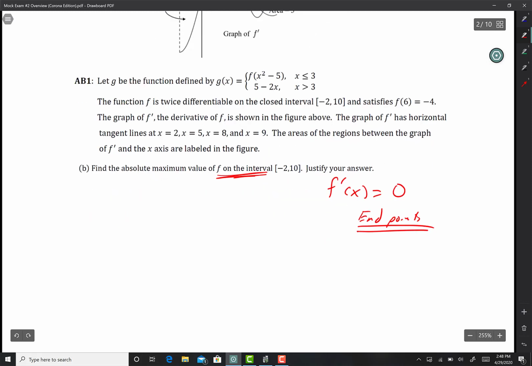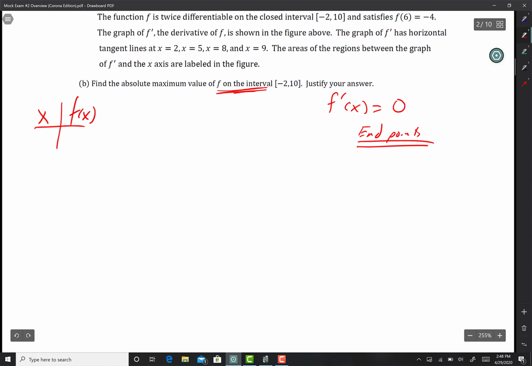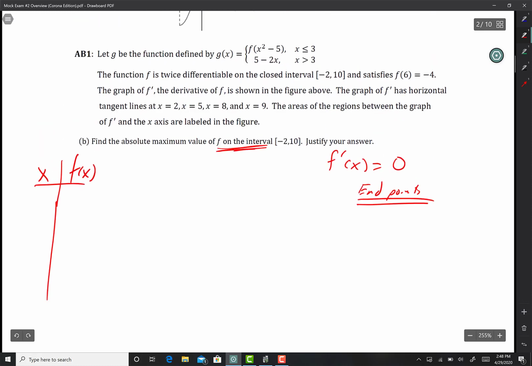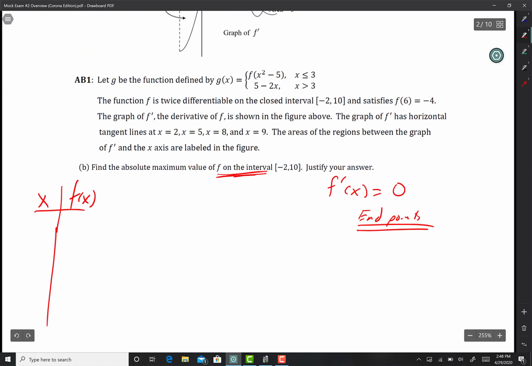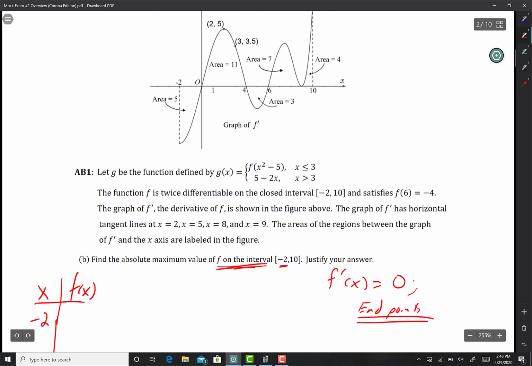So here we go. I'm going to write x, and I'm going to write f of x. I'll explain how I'm going to get my f of x values in a little bit. So x, and we start at negative 2. Then, where do I have a 0? Where does f prime equal 0? Well, this is f prime.